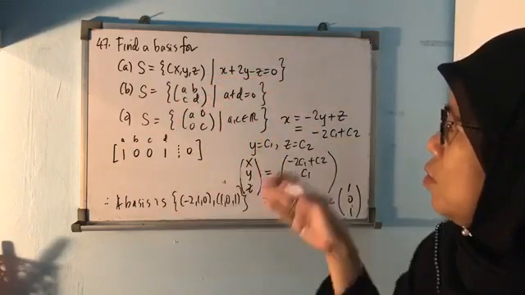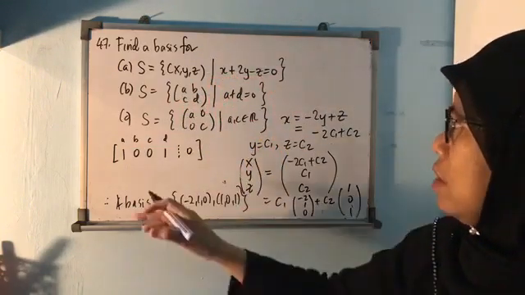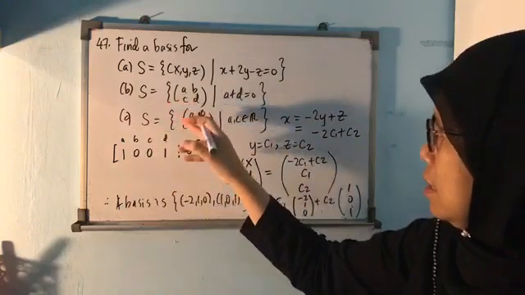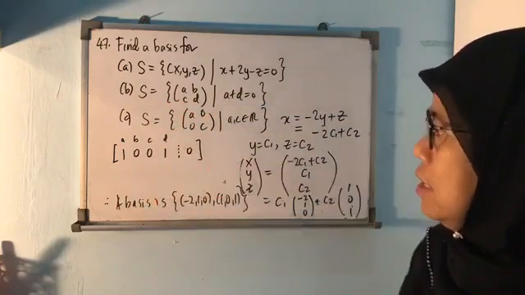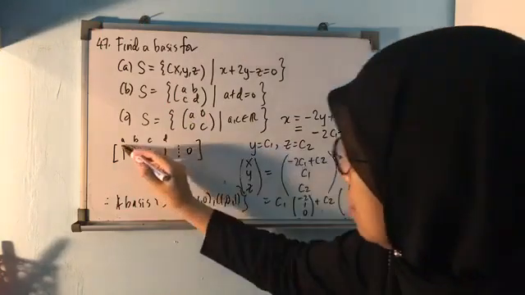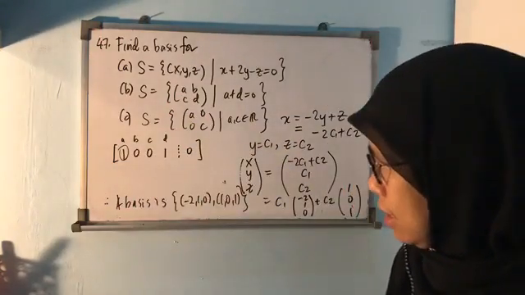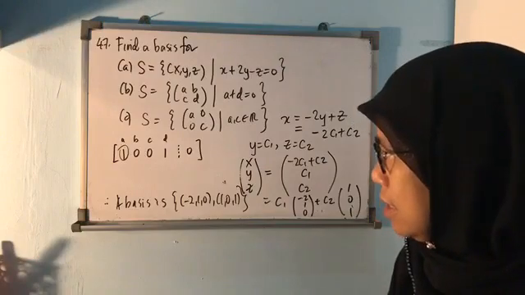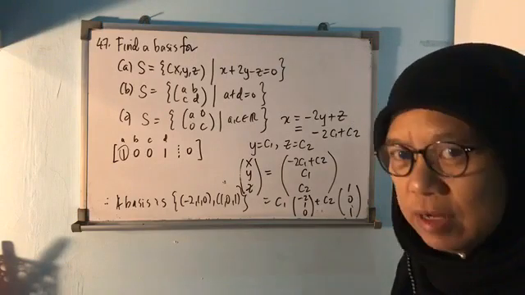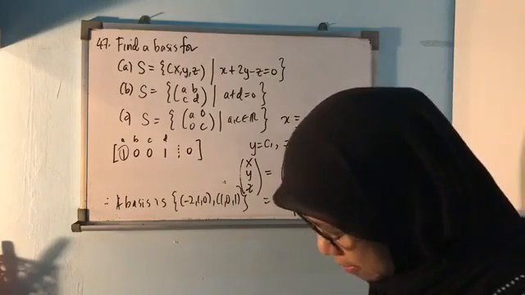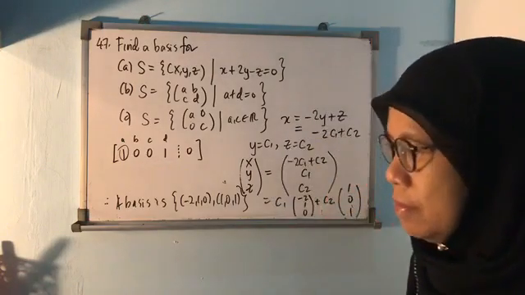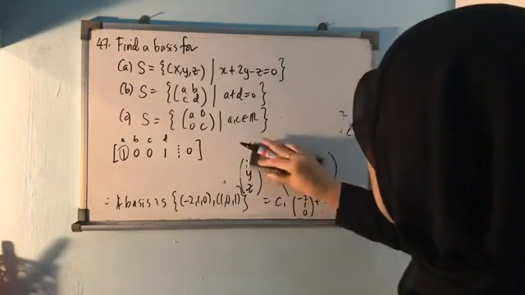That's why we have x, y, z. Now the variable here is A, B, C, D, but you only have A plus D is 0. So what does it mean? B, C, D, they are all free variables. Okay?